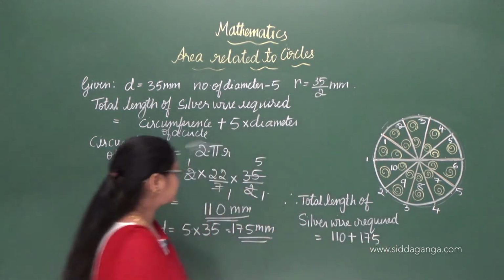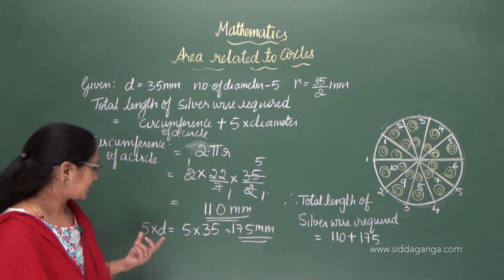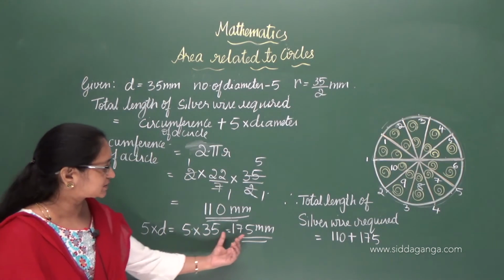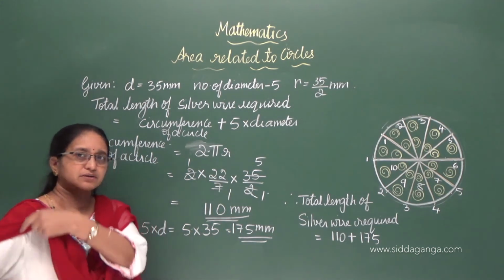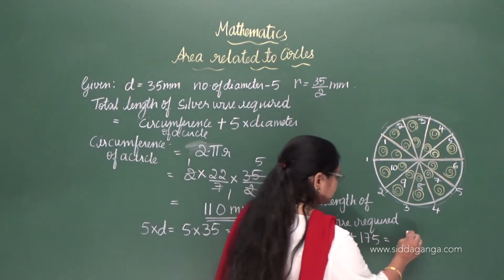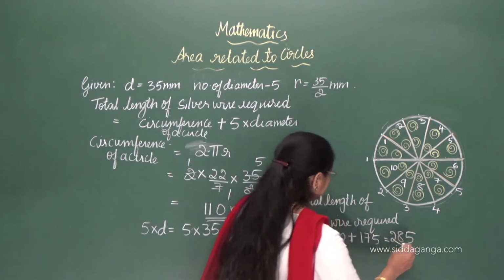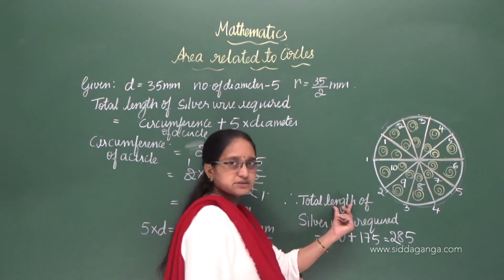I hope you understood. 110 is the circumference of the circle and 5 times the diameter is 175. So 110 plus 175 will be equal to 285. Total length it is.